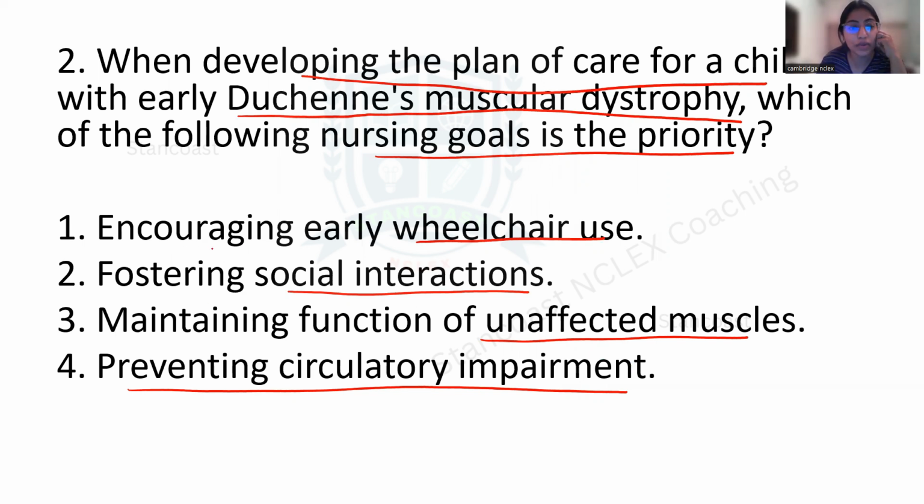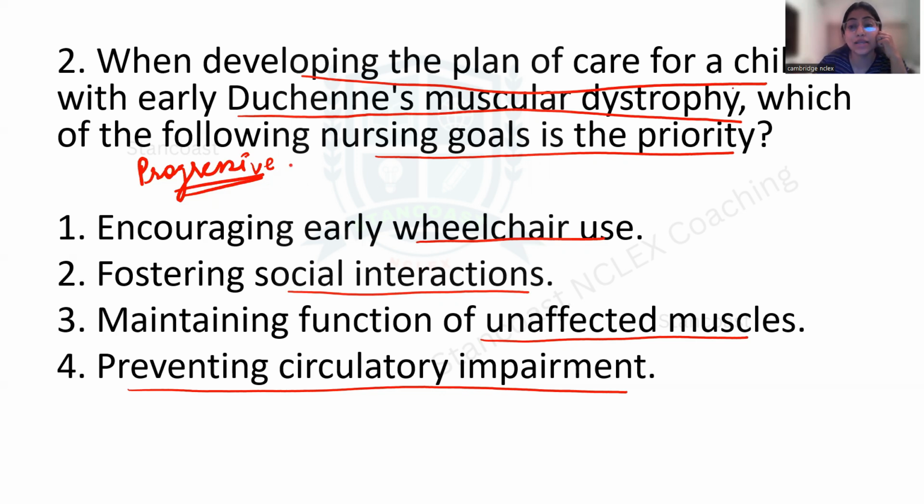So, let's talk about encouraging early wheelchair use. Now we know in Duchenne muscular dystrophy, there is a good amount of muscular weakness. Muscular weakness will progress with time, that is for sure. This is a progressive disease. Even if we provide any kind of medication and surgery, the disease would still be progressive. So we have to encourage the patient not to use a wheelchair early.